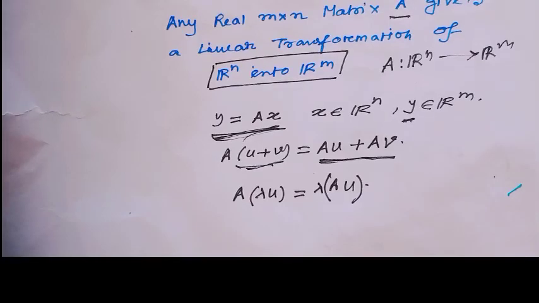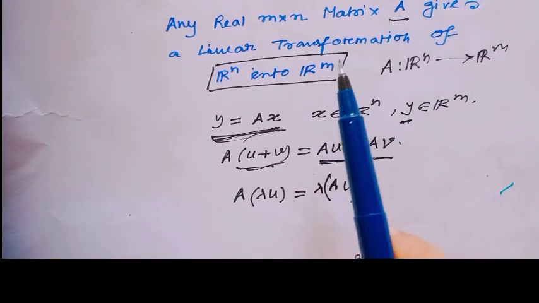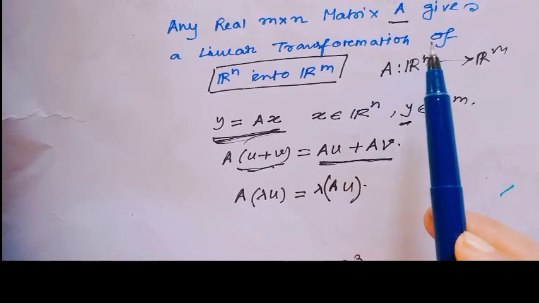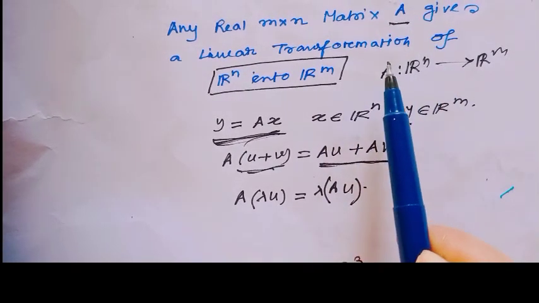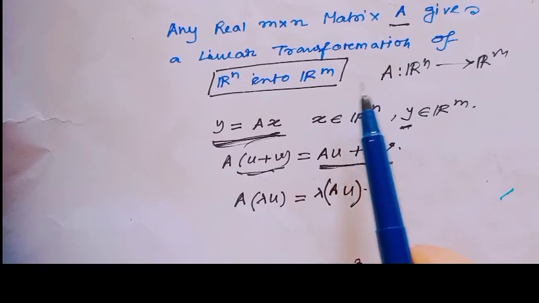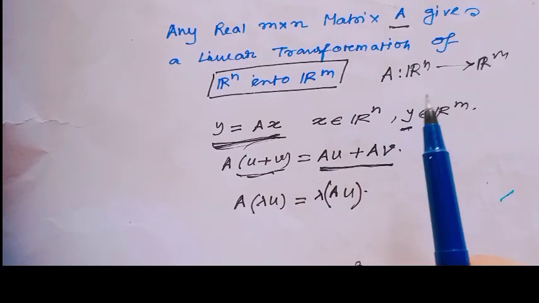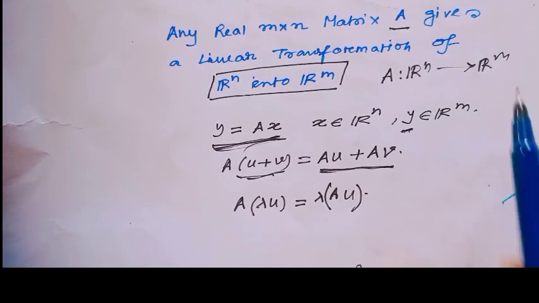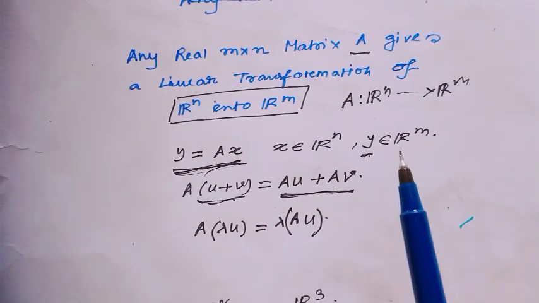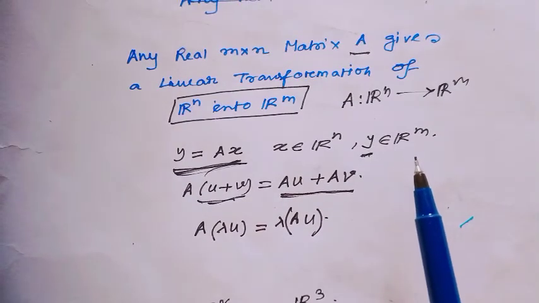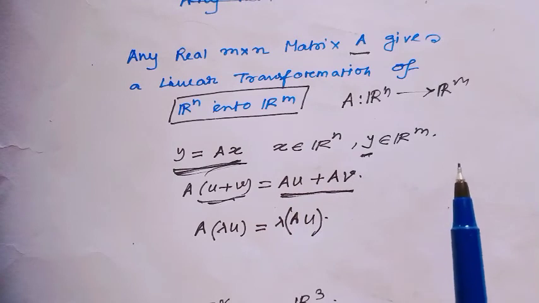Now let's recall this theorem again. Any real m cross n matrix A gives a linear transformation of Rn into Rm, where A is a matrix from Rn to Rm. And this expression will always be true for finite dimensional vector spaces.